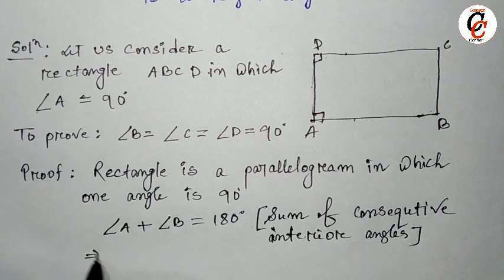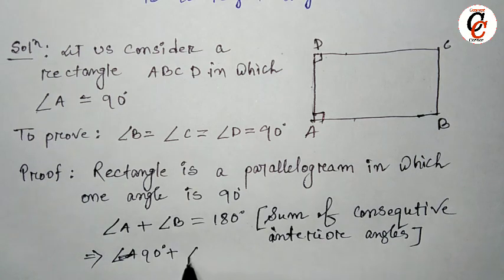So angle A is given 90 degrees and angle A plus angle B equals 180 degrees. So that means angle B will be 90 degrees.